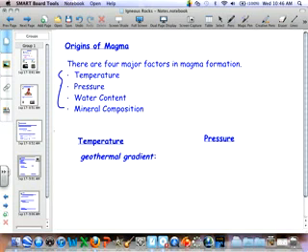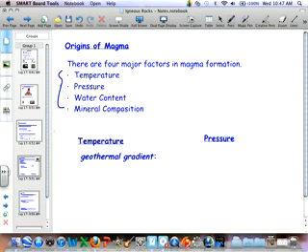It decreases it. The more water content that the magma has, the easier it is to melt the minerals within the magma. That's almost contrary to what you would normally think. It's because when water gets heated it creates steam, and that extra energy allows the minerals to melt faster.